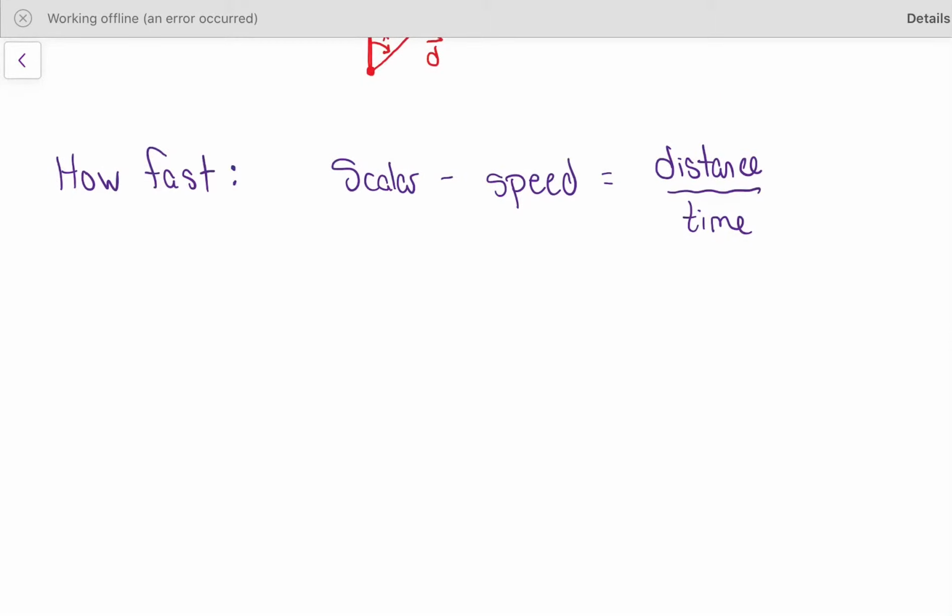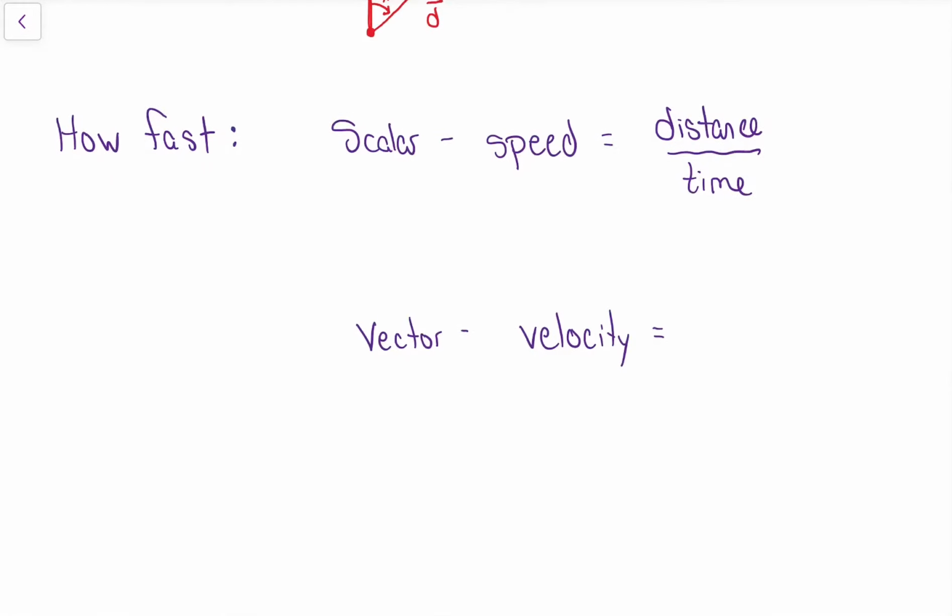If we go one step farther, there is a vector for how fast. It's called velocity, where speed was the distance divided by time, the scalar distance divided by time. Velocity is the vector displacement divided by time.